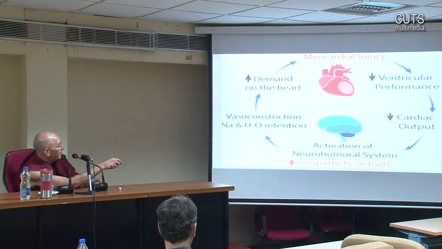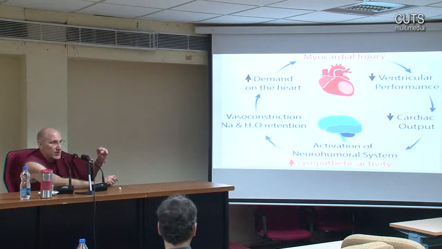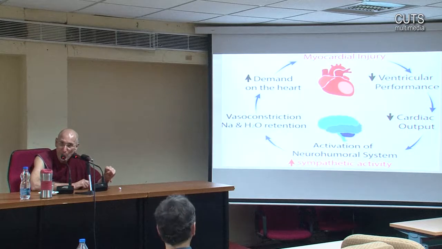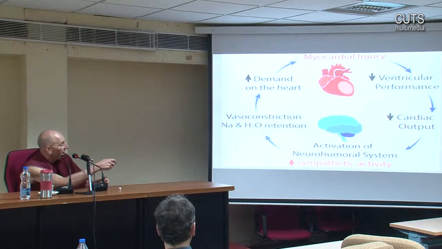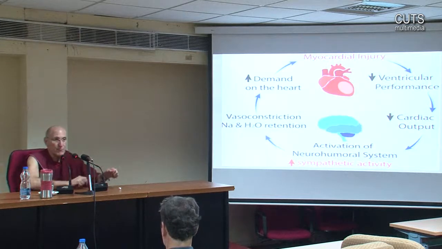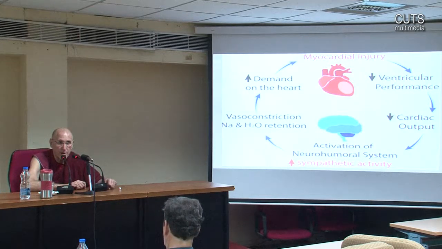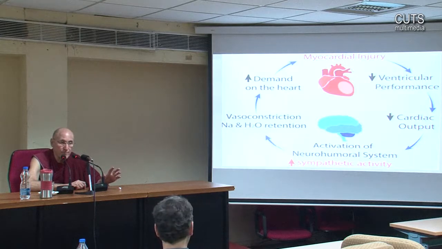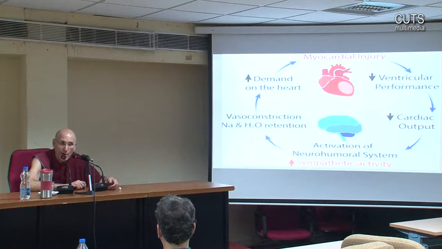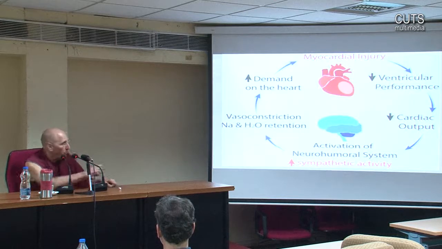And because the arteries get constricted, the heart has to pump harder, against more pressure. And that causes a further decrease in the performance of the pump. Vicious cycle. Little bit clear? So all the attempts in the body to compensate, to make things better, turn out making things worse. That's a vicious cycle. Good.